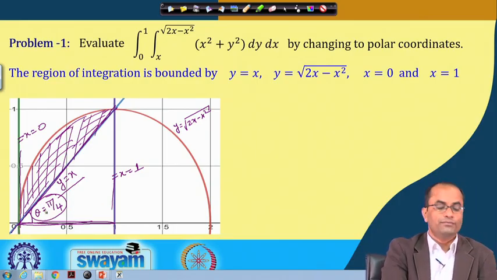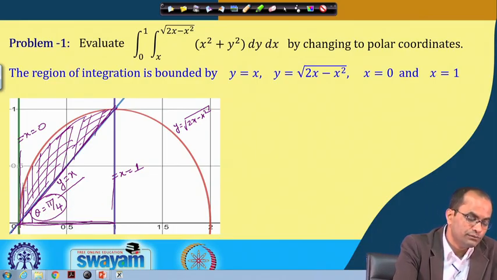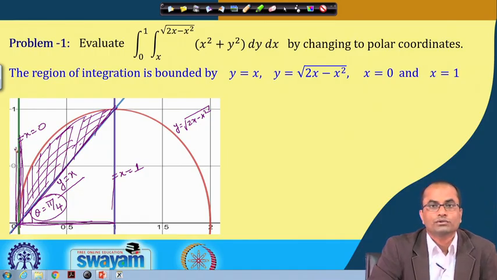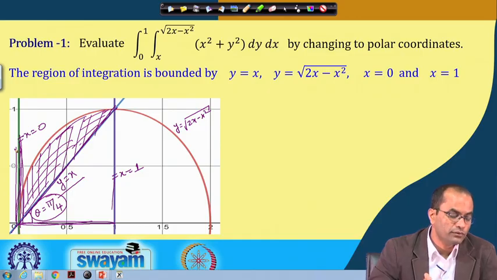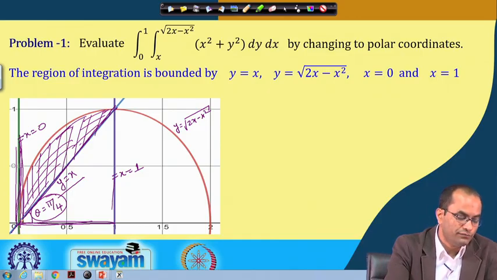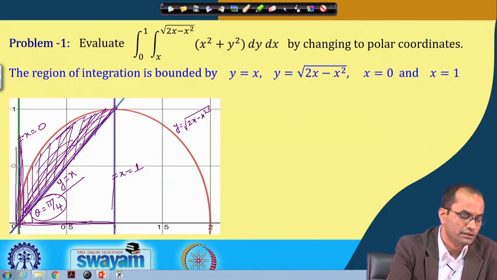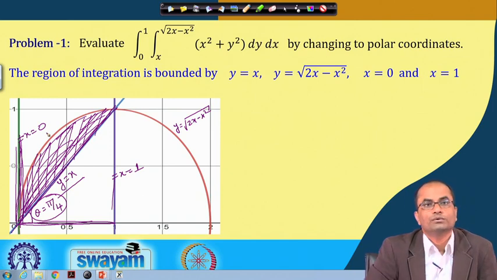So, it is pi by 4, and then we are going up to this line here, that is pi by 2. So, theta is varying from pi by 4 to pi by 2, and for r we are always going from 0 to this circle.